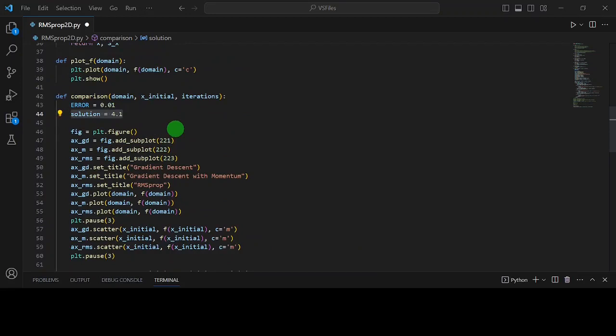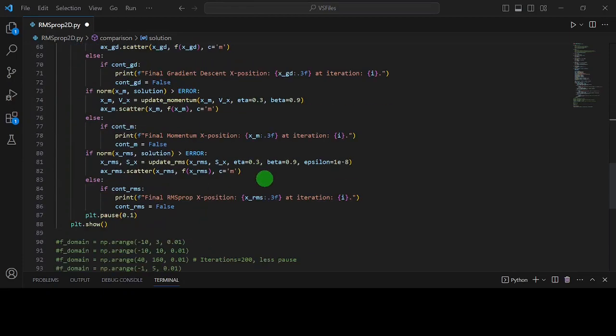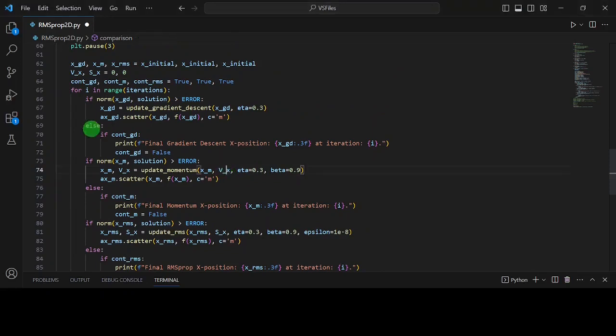And if that is less than or equal to error, you'd stop the algorithm. And that's similar to what I've done here. I'll only keep running the algorithm if the solution isn't close enough. So once it gets close enough to the true solution, then I could just stop the algorithm.